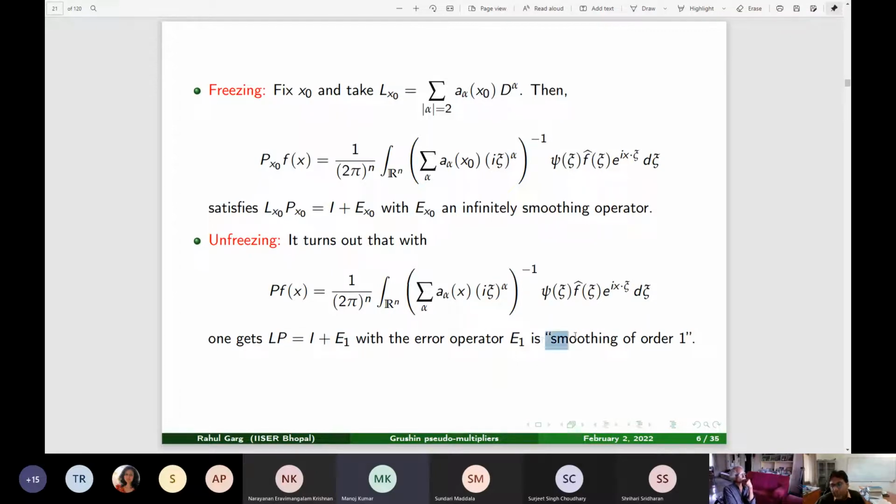So it turns out that there is a smoothing of order 1. In the symbol, you get an extra decay. Okay, so this is the heuristic, but this has a well-established meaning and it has been well studied. So that was the genesis for the classical reasons to study pseudo-differential operators. All right. Any questions so far, or should I proceed?